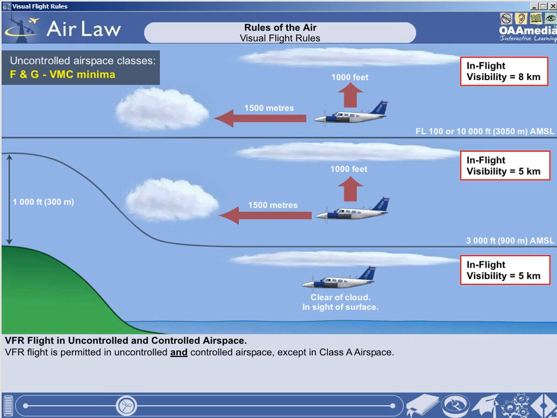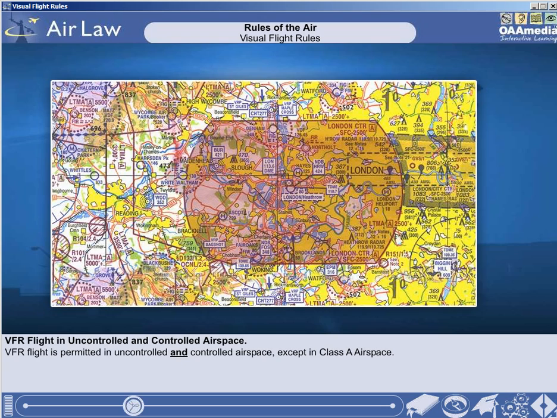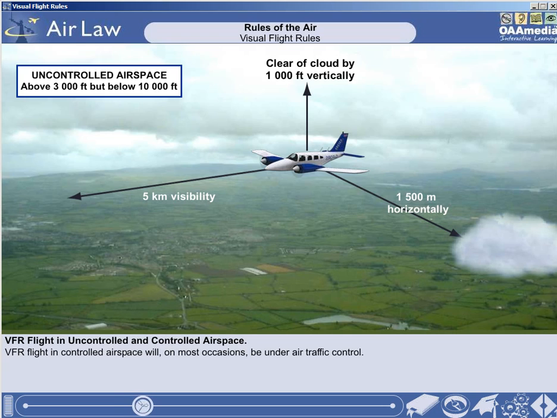VFR flight is permitted in uncontrolled and in controlled airspace, except in Class A airspace. In the United Kingdom, the London Heathrow Control Zone and Terminal Manoeuvring Area are both Class A airspace, as are all United Kingdom airways.